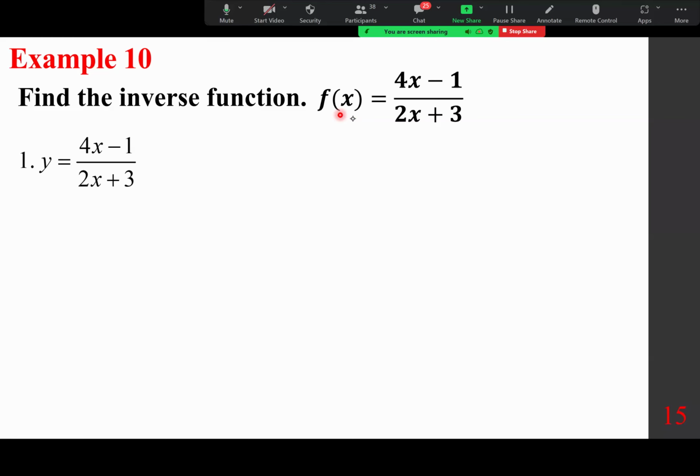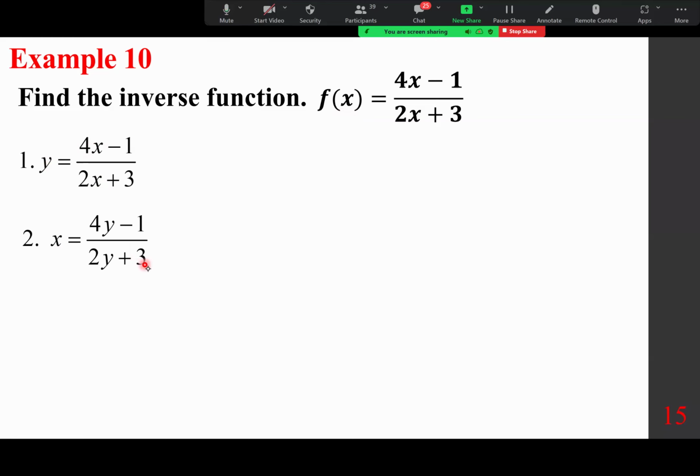So the reason we do that, because it makes it easy to work with. The next one, we interchange x and y. So y becomes x, x becomes y. Interchange x and y.